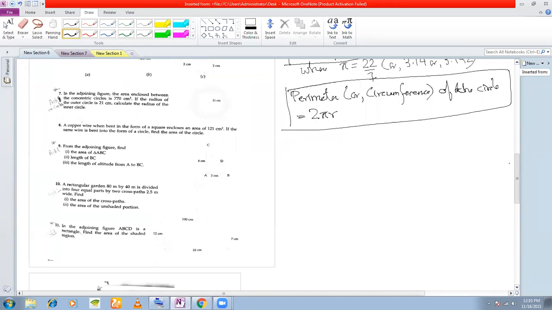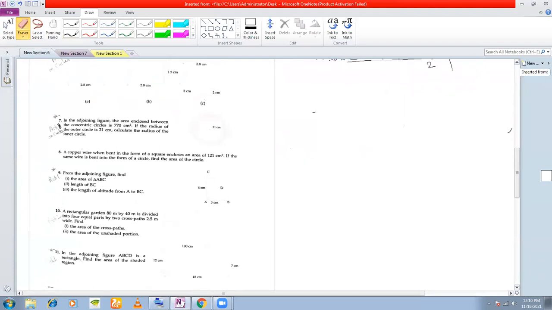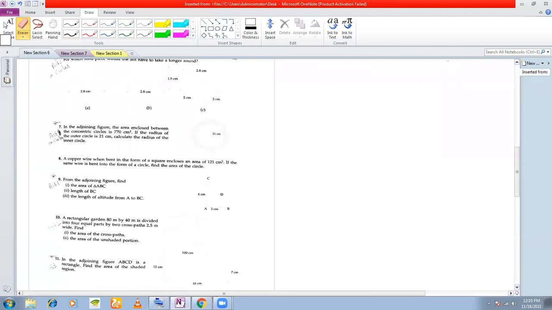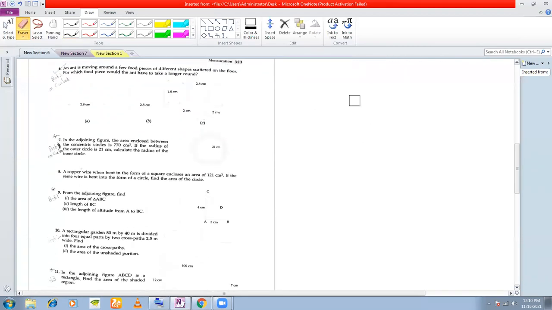So just look at this problem here, number 7. The figure is not visible, so I'll just draw the figure.